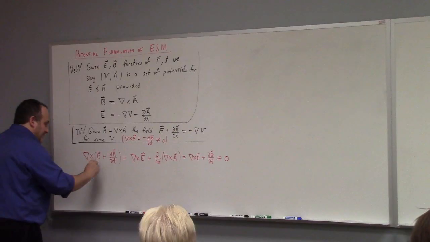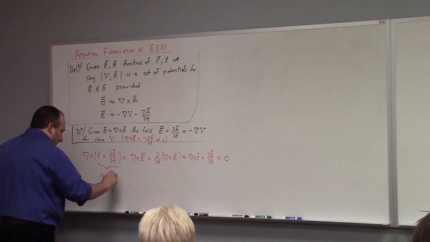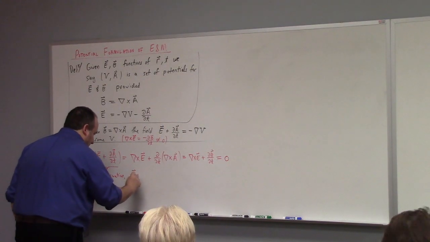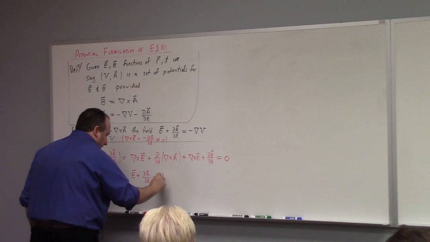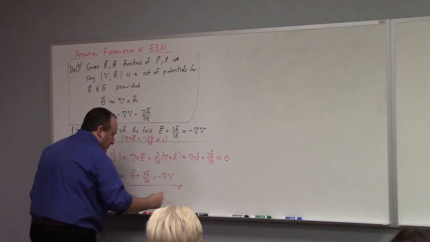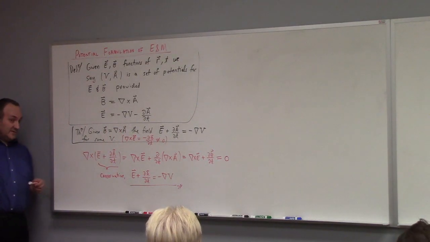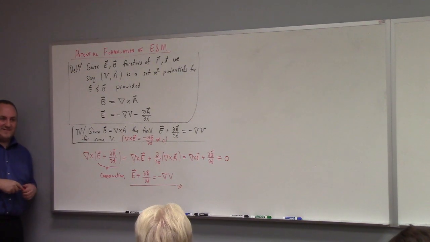So this vector field is conservative. So we can set E plus partial A partial T equal to minus the gradient of some voltage function V by our theory of vector calculus, because we have that the curl of this is 0. And the reason for the minus is the same as the usual reason, right?